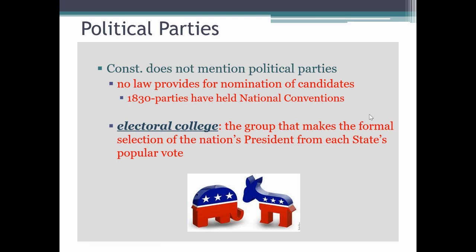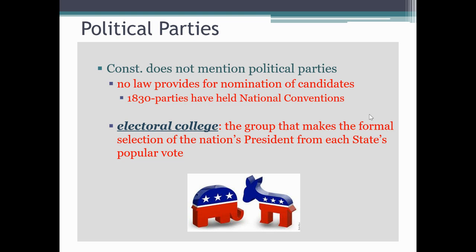The convention is an important event, even though this year it was held virtually. Usually they decide what their platform is for the party, which is how they feel on certain issues. It's rewritten every 4 years, usually based on the presidential candidate's stance on issues.